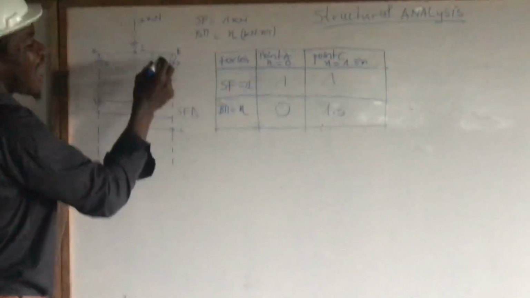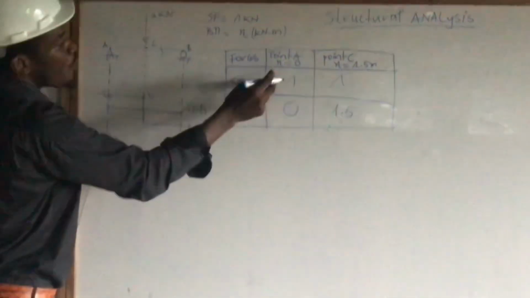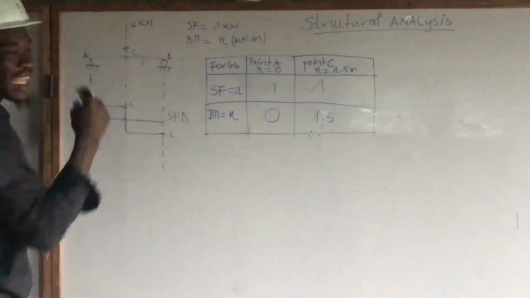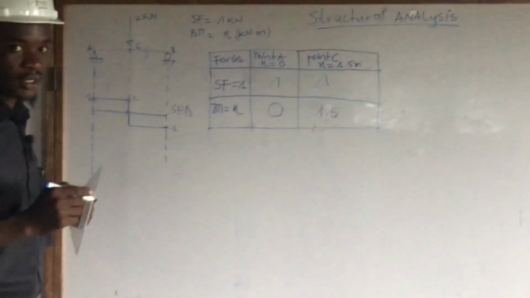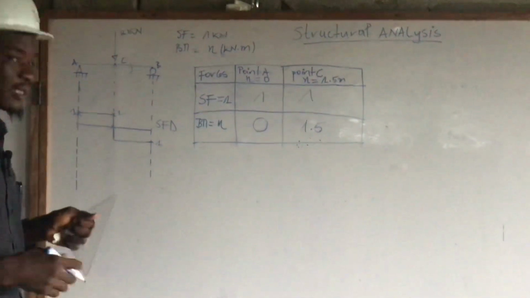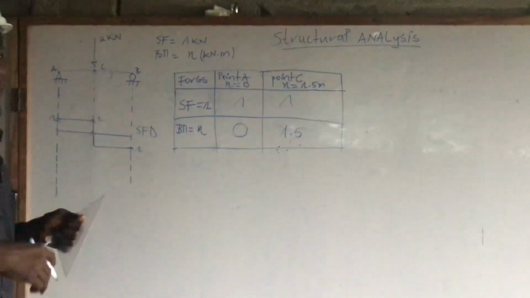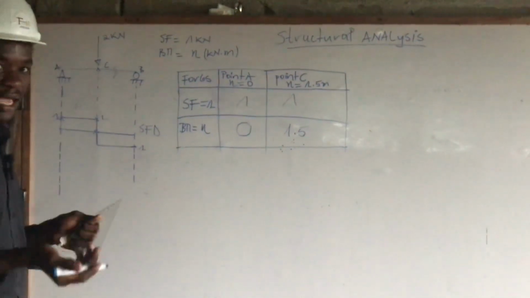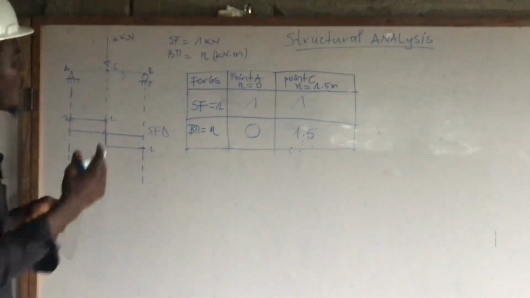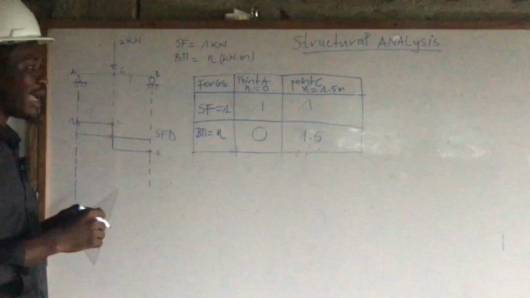But in this case, we will not have 1 as the shear force, but we will have -1 as the shear force. You can check it, make the cut and analyze it following how we analyzed in the previous video, and you will see that you have -1 as the shear force.